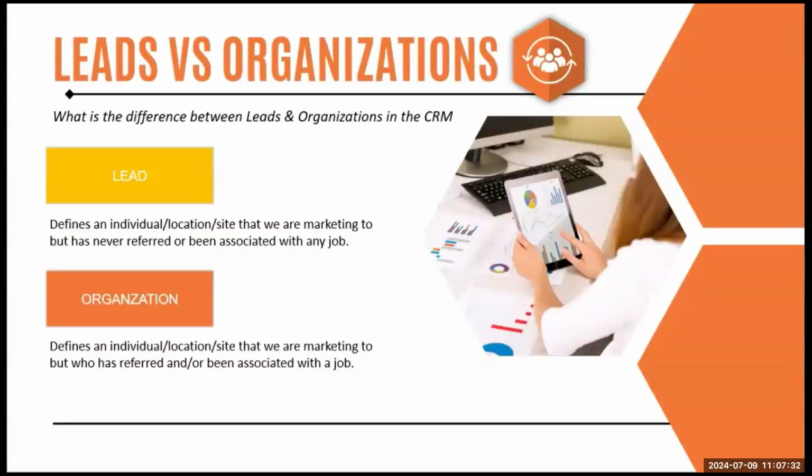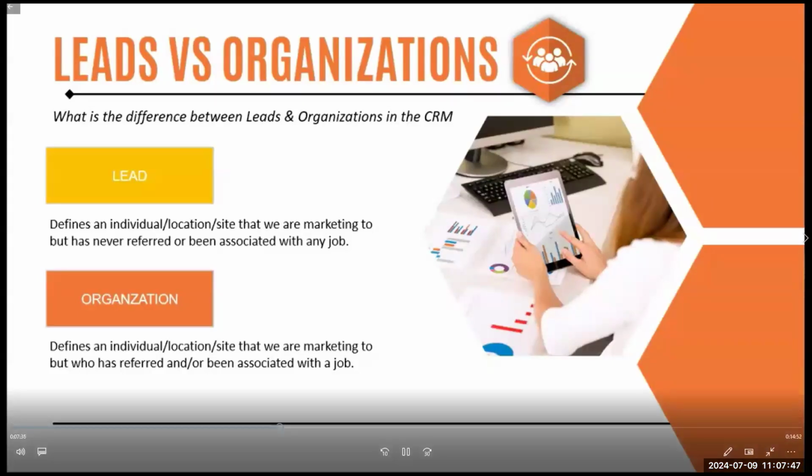So what is the difference between a lead and an organization? A lead organization is a company or contact that sales are prospecting to obtain business from, but have yet to refer jobs to you.